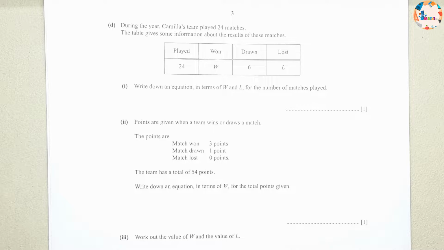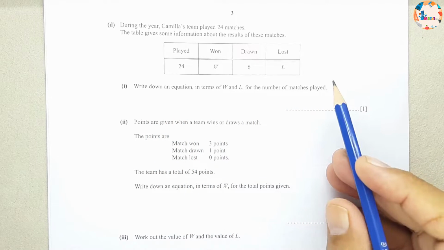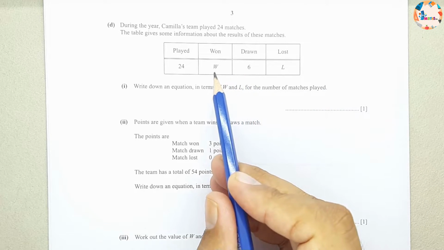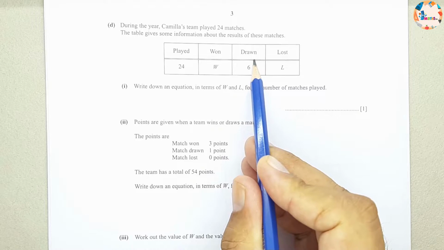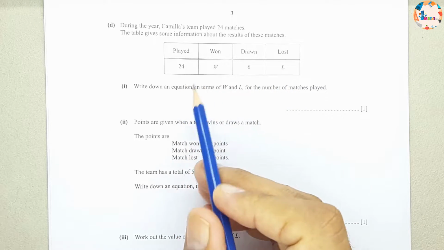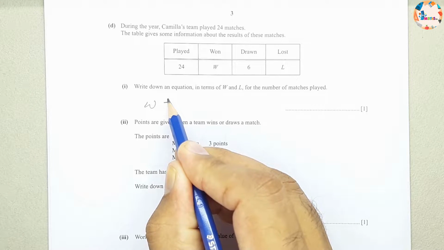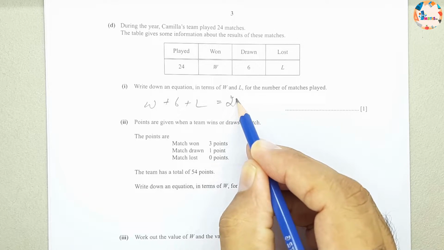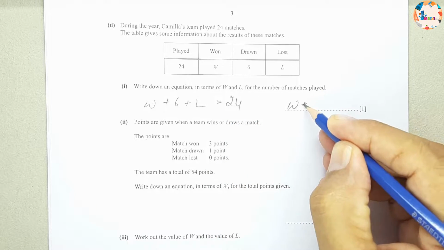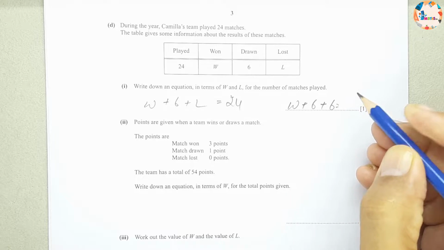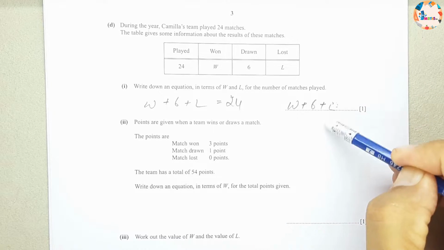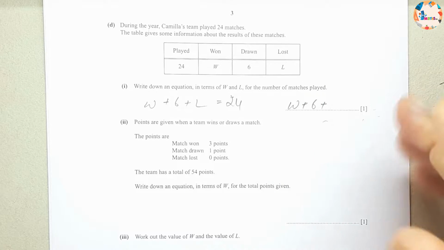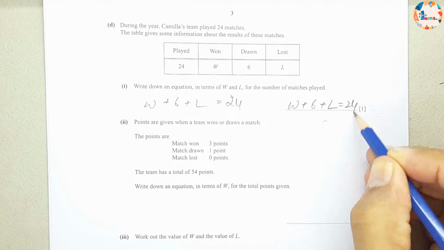Played are 24, won are W, drawn are 6 matches, and lost is L. Write down an equation in terms of W. So W plus 6 plus L will be equal to 24. So this will be our equation.